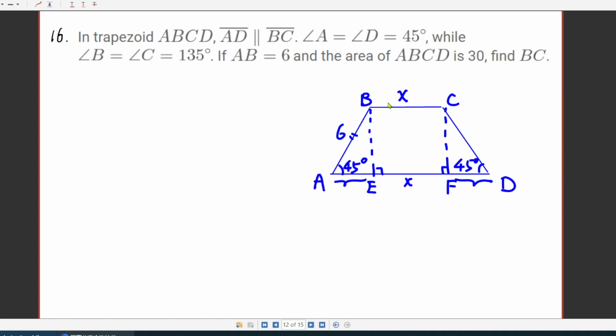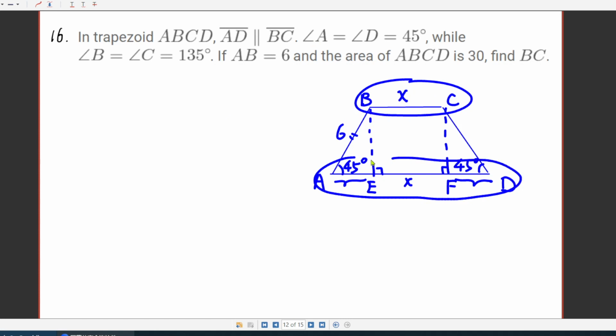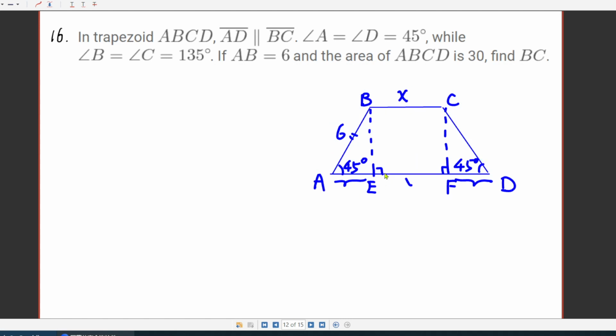And we also know the area of ABCD, which is 1/2 of the sum of the two bases times the height. The height is also known if you consider these 45, 45, 90 triangles, right? So basically we'll have an equation in terms of x, then we can solve for the length x, right?